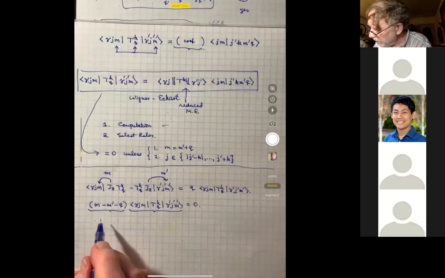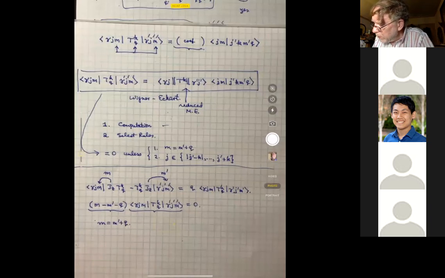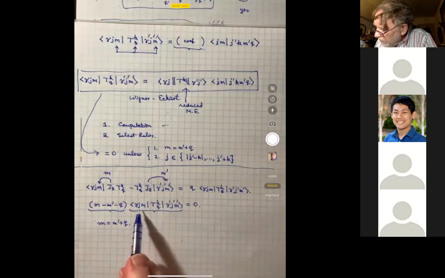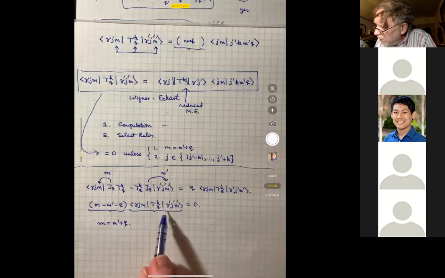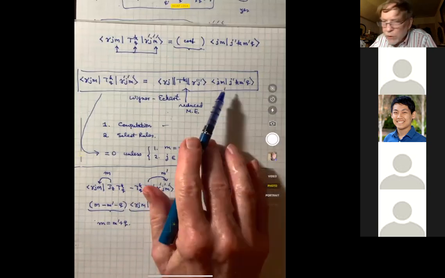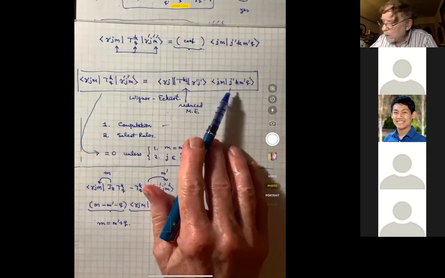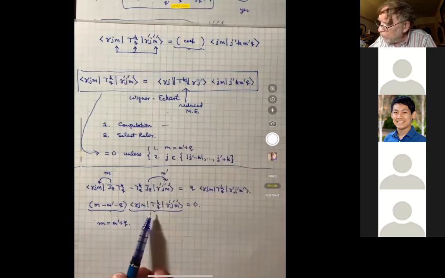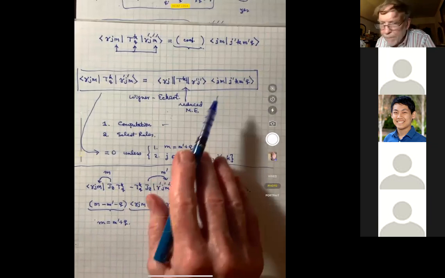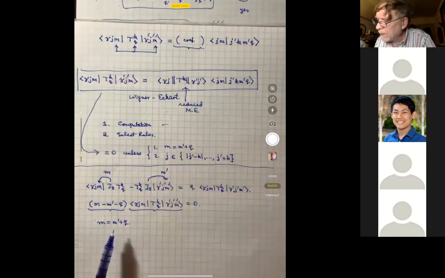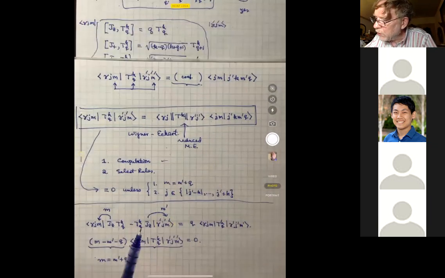But this factor vanishing means that M is equal to M prime plus Q. So you see what we've obtained is a selection rule on this matrix element. We see that it vanishes unless the magnetic quantum numbers obey the magnetic quantum number selection rule, which is the same as that of the Clebsch-Gordon coefficient. Now that doesn't prove that this matrix element is proportional to Clebsch-Gordon coefficient, but it's a step in the right direction. To get there, we need to work now on the J plus equation.